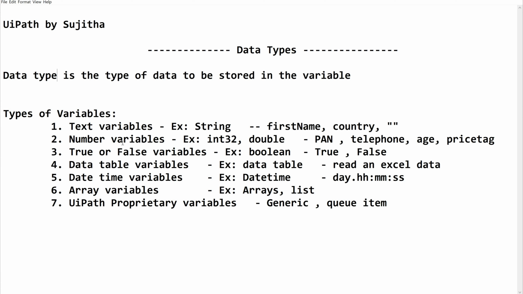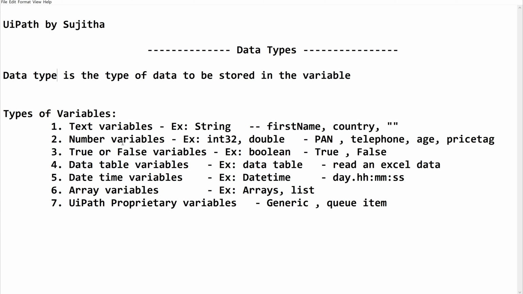Not only this, we have multiple types of variables in our UiPath. For example, when you are getting some UI element, that is going to be in the UI element data type. And when you have something called IEnumerable, and you will be having dictionary, all these are there.